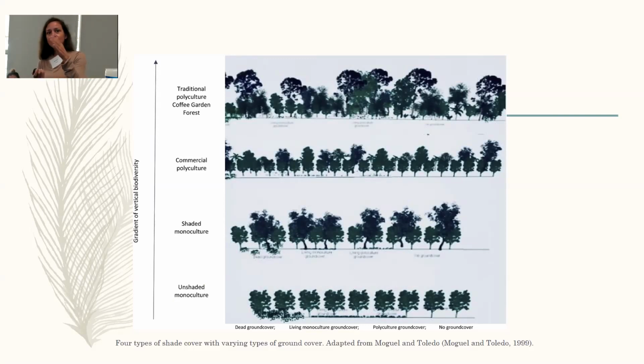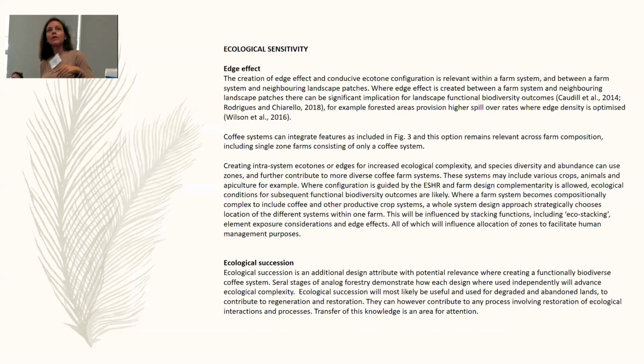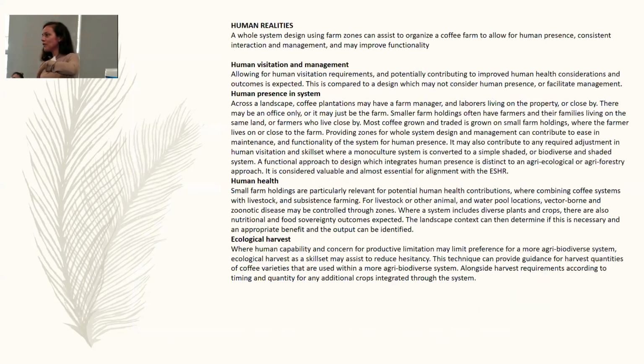So that's like 4 types of shade cover, and it's adapted from Mexican researchers that developed this similar figure in 1999, but without the ground cover. So these are applying the concept to the coffee example. We've got the ecological considerations and the human reality considerations specific to coffee farming.